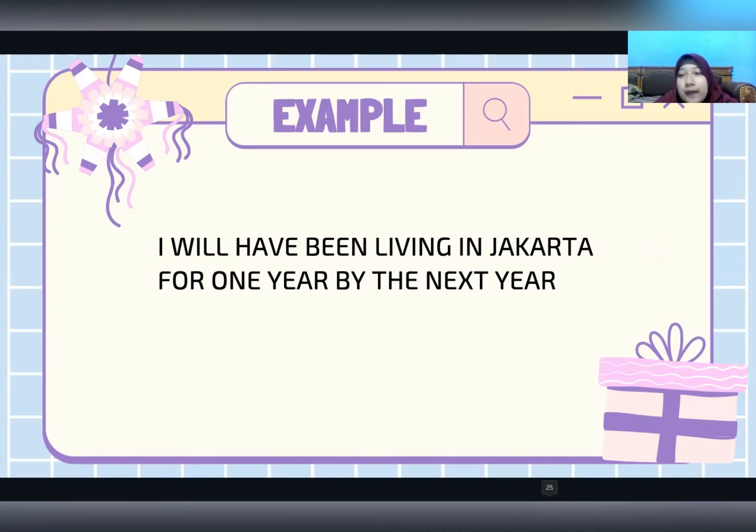I cannot find a sentence that uses future continuous tense, because future perfect continuous tense is used to state an event that will occur and last for some time in the future.